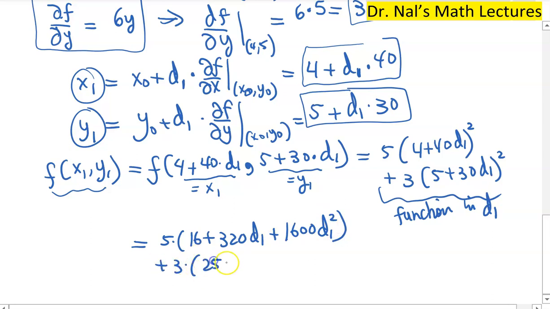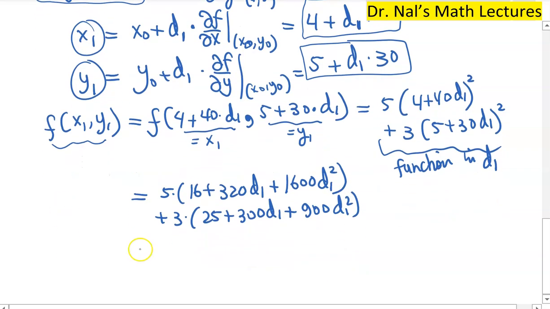Inside the bracket, we have 25 plus 300 d1 plus 900 d1 squared. Now after you've multiplied out with a 5 and with a 3 later on and added them together, the coefficient in front of d1 squared will be 5 times 1600, which is 8000, and from the second one we will get another 2700, so that will give us a total of 10,700 d1 squared plus.